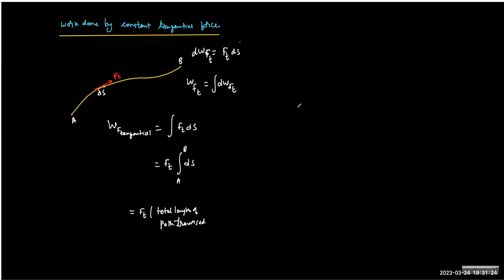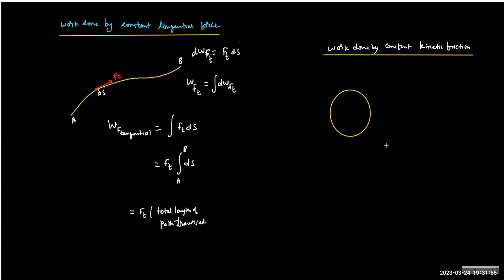So the very famous example of this is, actually this entire concept is studied only for this particular problem. So when we have a path like this, we'll start with the circular path.